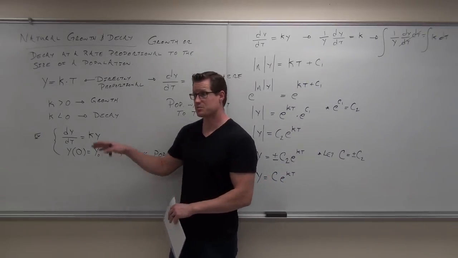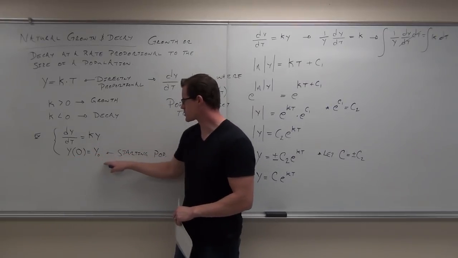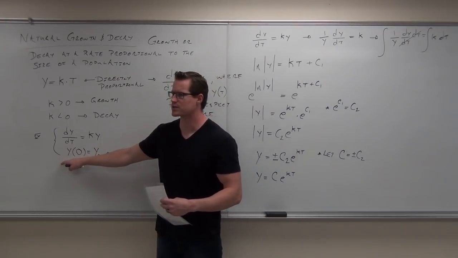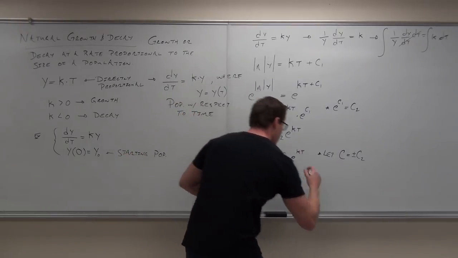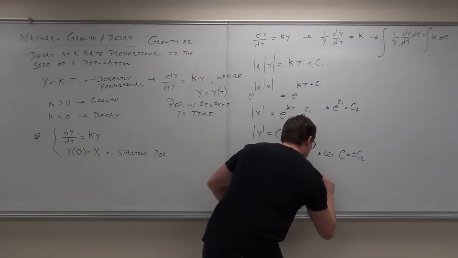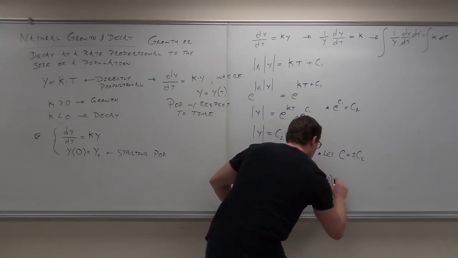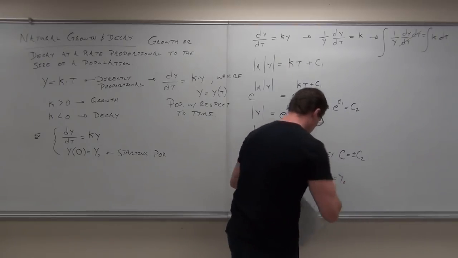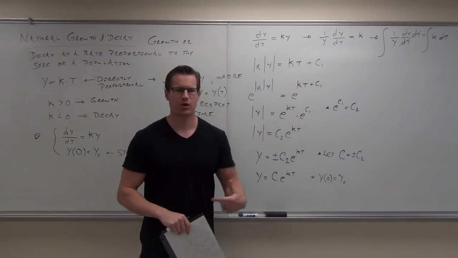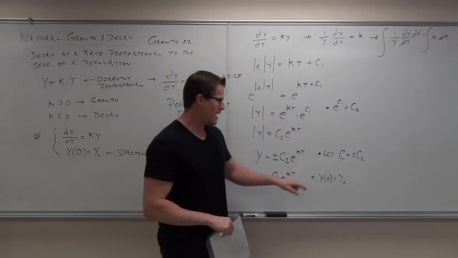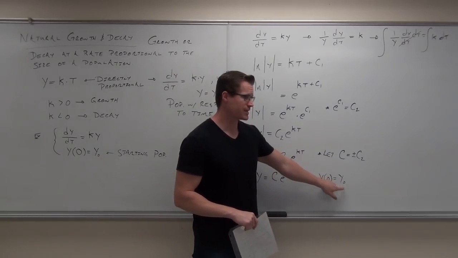Now, to get our particular solution, we're going to use our starting population, or our initial value in this case. So, let's use it. Our initial value, if you didn't catch it, is our starting population. It says, hey, how much is your population at time equals 0?